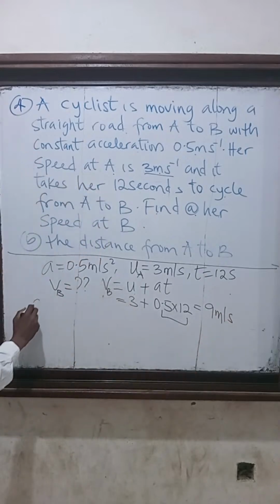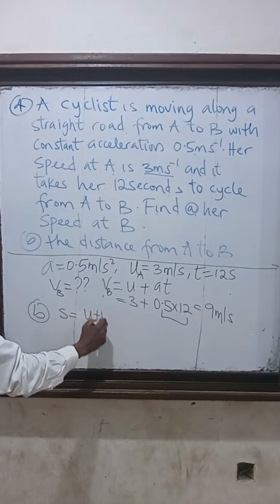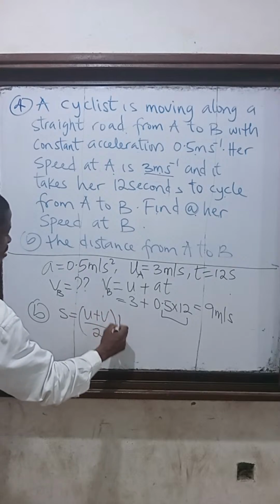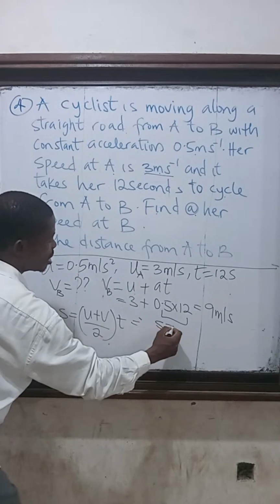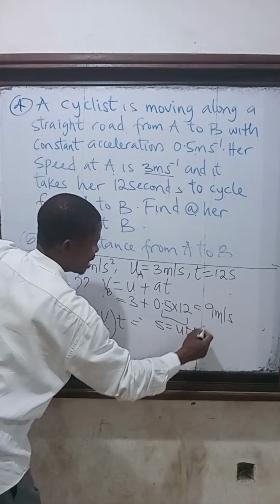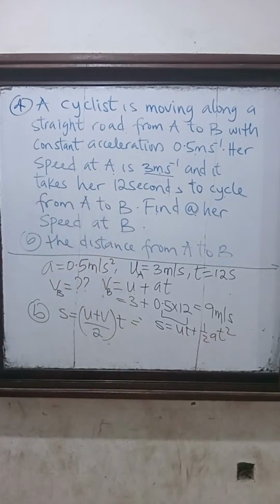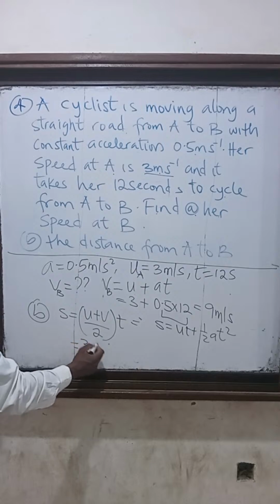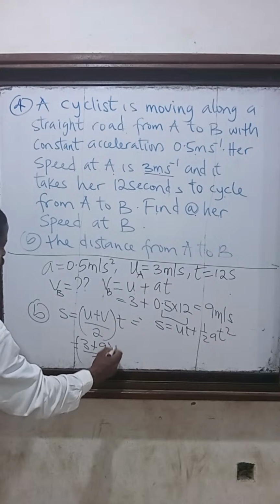And then the b part, for the distance, you can use this equation, u plus v over 2 times t. You can as well try the equation ut plus half at squared. You're going to get the same answer. So my u is 3, my v is 9, over 2, times 12.